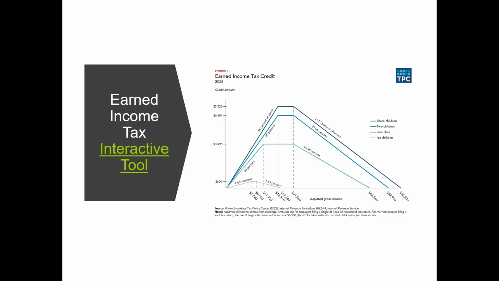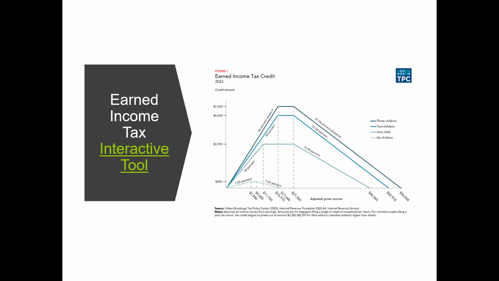So if we take a look at this, if you make up to about $45,000, you're eligible for most things if you have kids. And then it starts to phase out until you get up around 56,000. This is the adjusted gross income at the bottom.